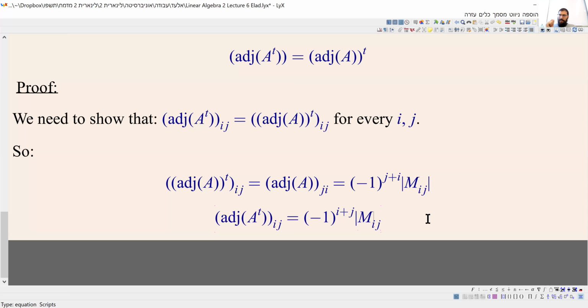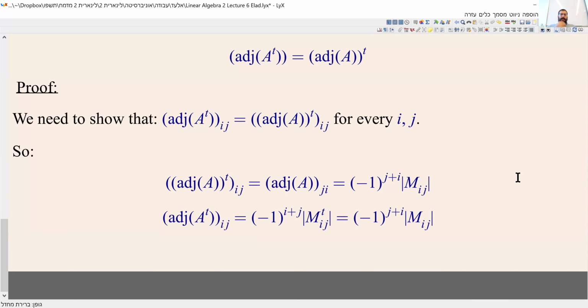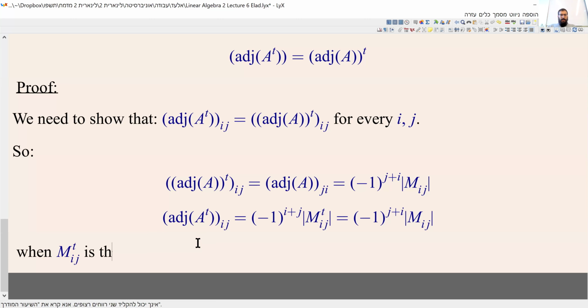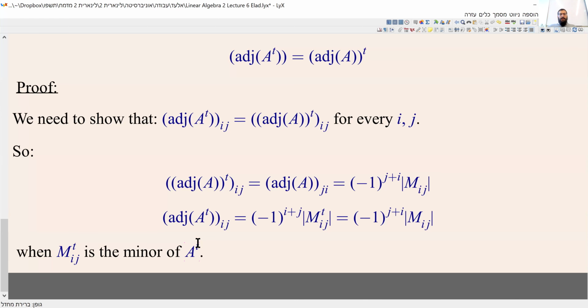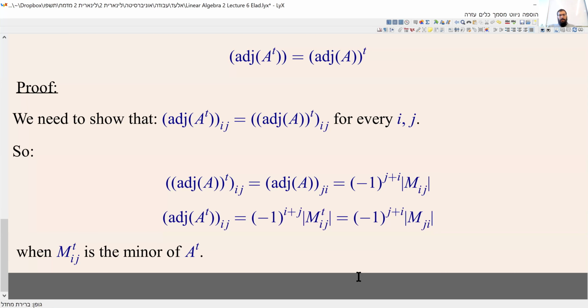The ij minor of A transpose, which by the definition of transpose, switching the indexes, is the ji minor of A. So they are basically the same by the definitions of transpose on one hand and the adjugate matrix on the other hand.